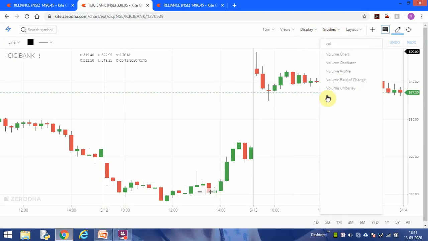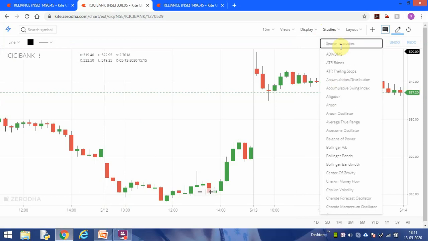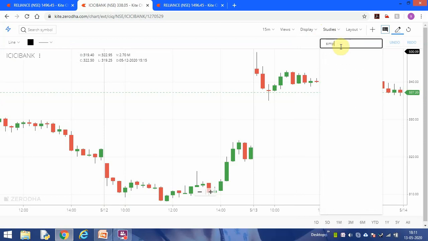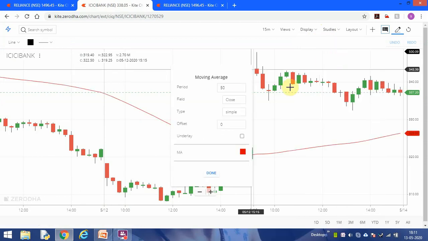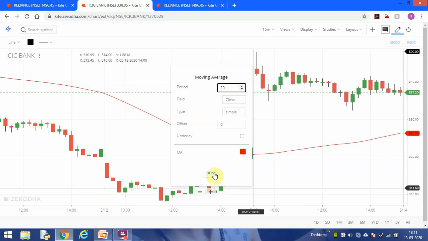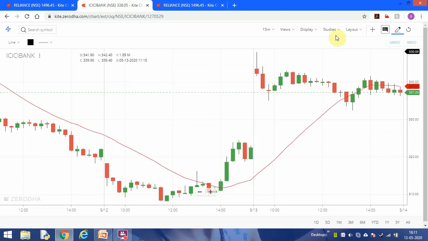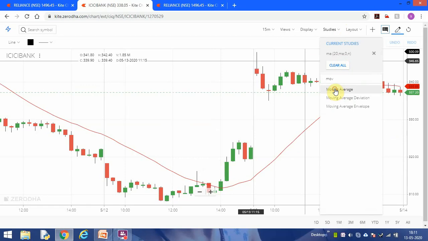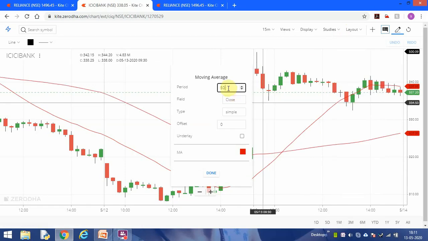I am going to add here simple moving average. I will use here 20 days SMA. Done. Then I will use here moving average 40 days.